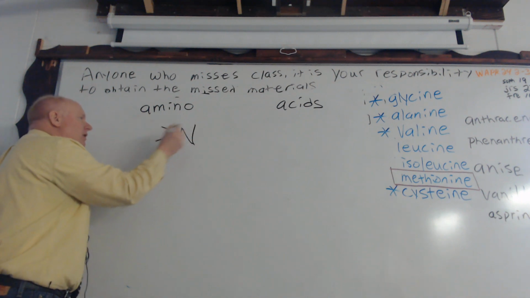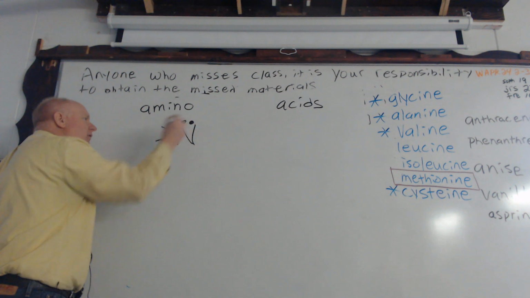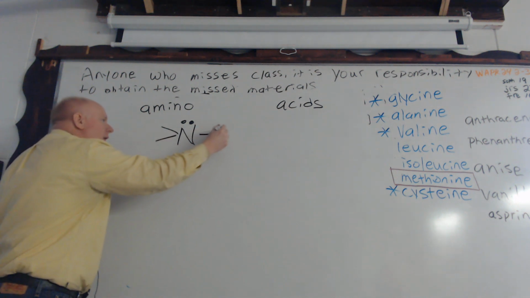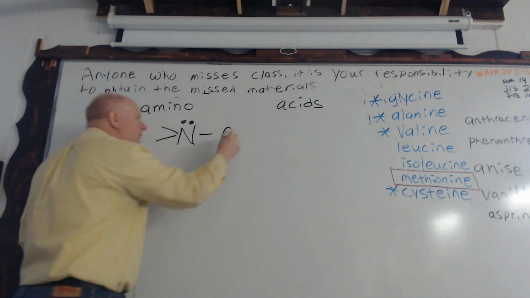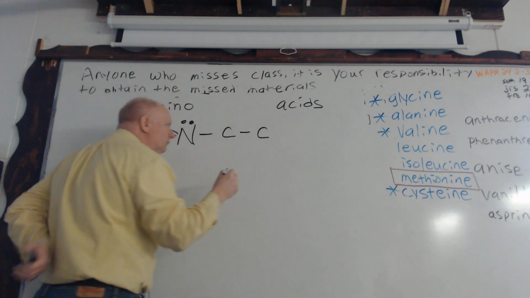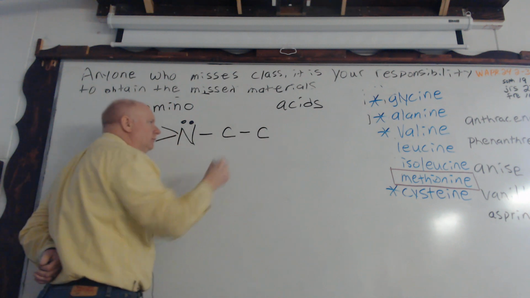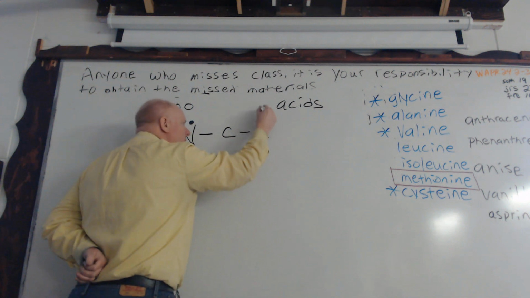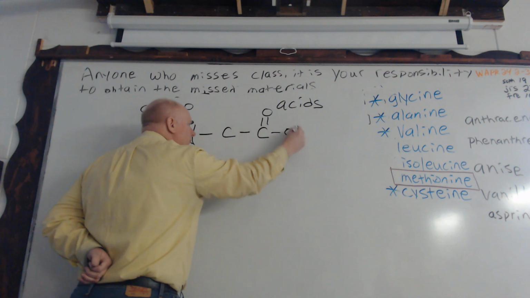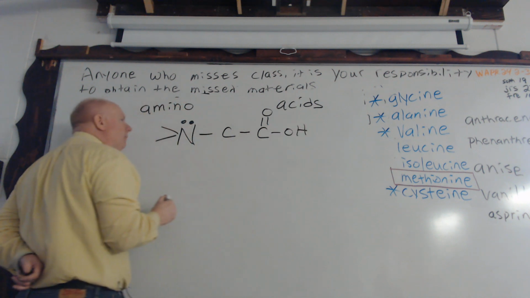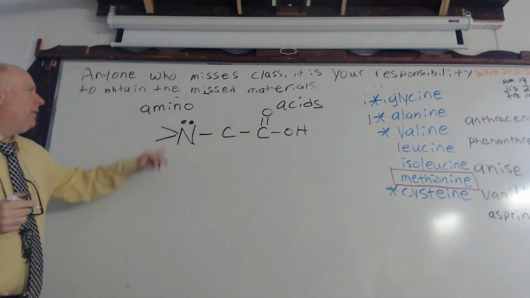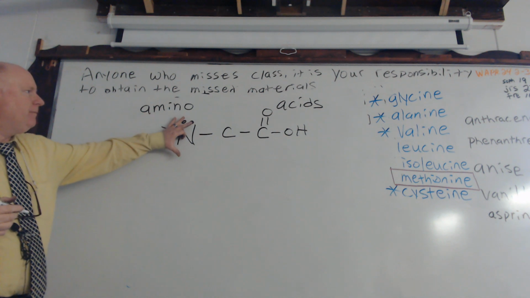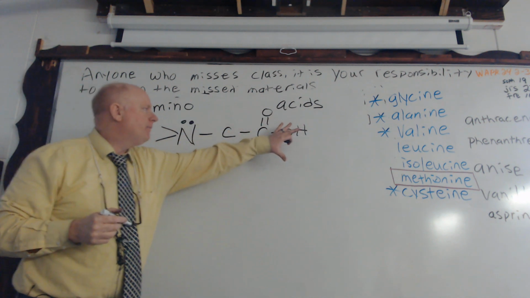There are our hydrogens. I just do this by habit. Carbon. One more carbon. And then a double bond and oxygen, and then alcohol. We have an amino side, and here's our acid side.